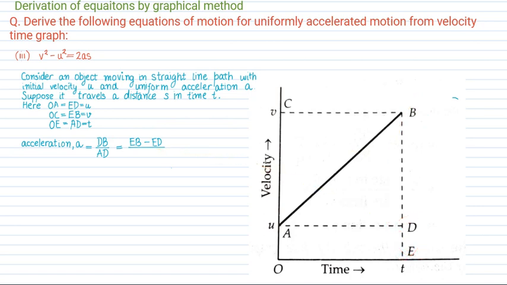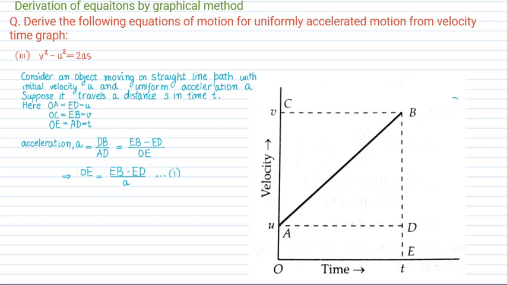Similarly, this AD can be written as OE, since this one and this one are of the same length. Now if I cross multiply, I can send this OE here and a to the denominator. Then I can write down OE as EB minus ED upon a, which is your acceleration. Fine. So let's give this equation a number.